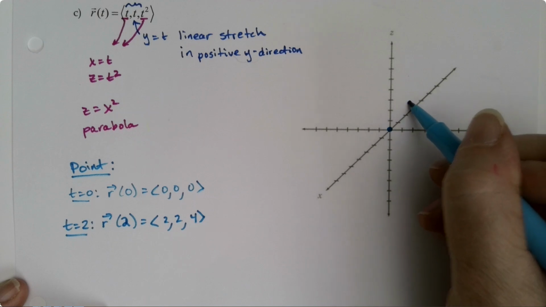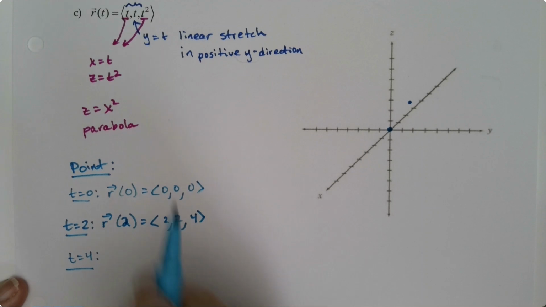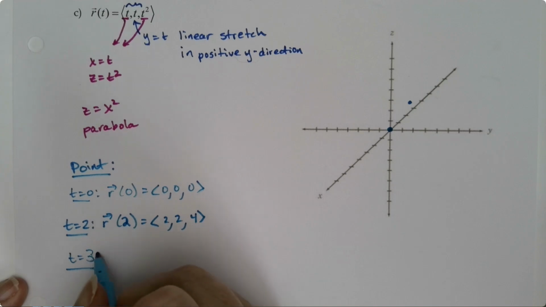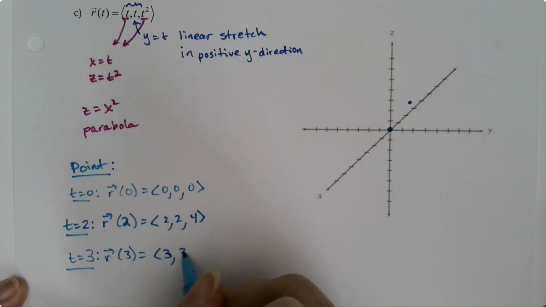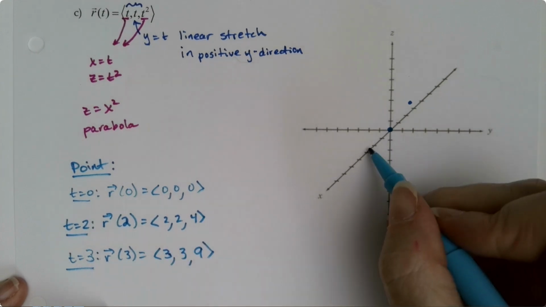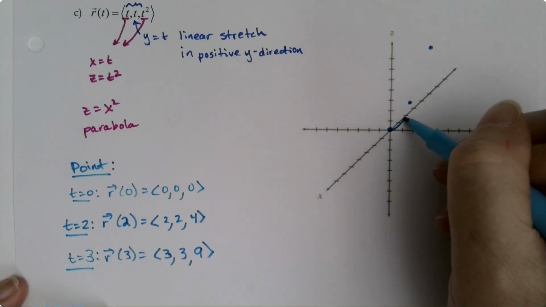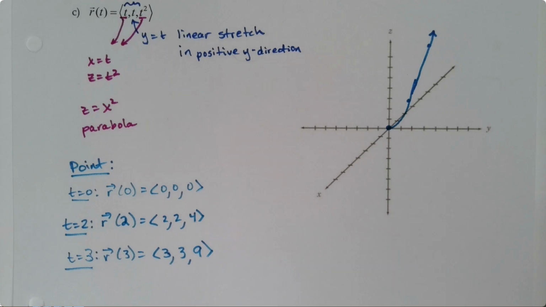So it'd be like right there. And you could keep going. Like, what if t equals 4? Oh, I better not do 4. That'll be too big for my grid. Let's try 3. So 3 would be fine. So r of 3 would be 3, 3, 9. So out 3, over 3, up a whole bunch. And so what you're doing is drawing a parabola, but it's stretching that parabola into 3-space. So it's a little weird, but it can be done.